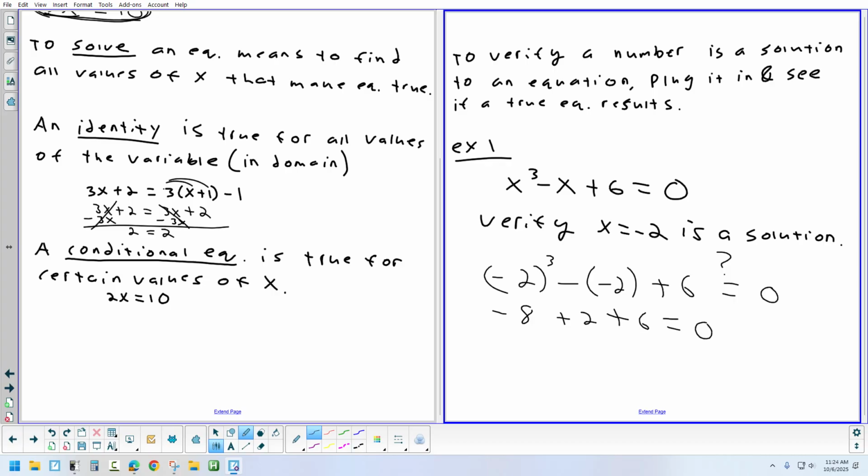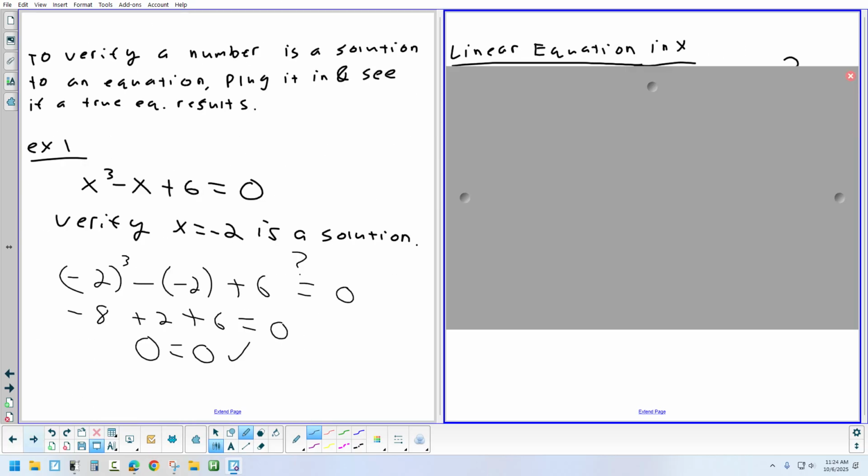And what's -8 plus 2? -6. Plus 6, 0. So does that mean -2 is or is not a solution? It is, yes. So -2 is a solution, and we verified it. Okay, so that's what verify means.